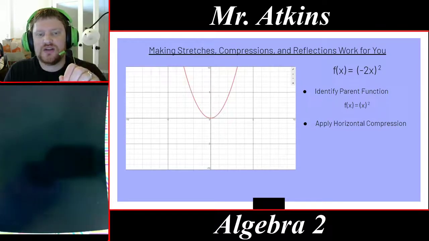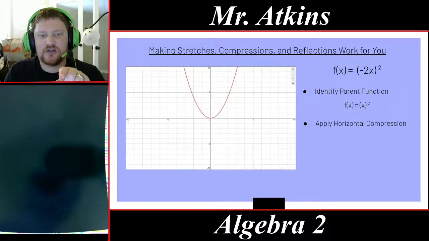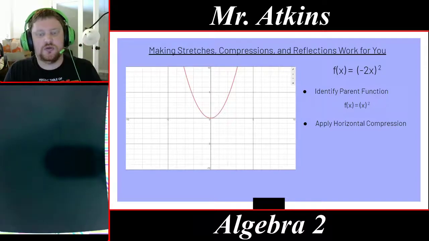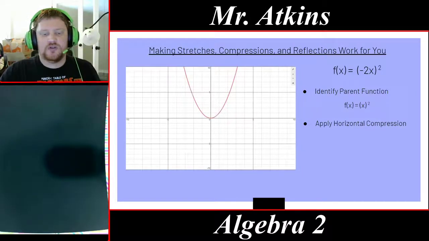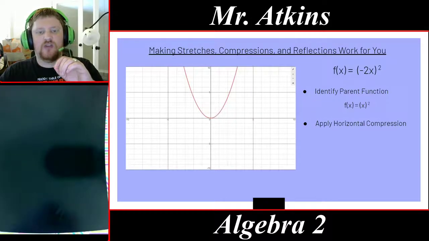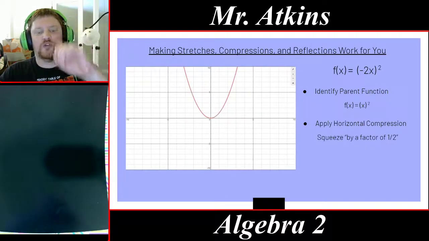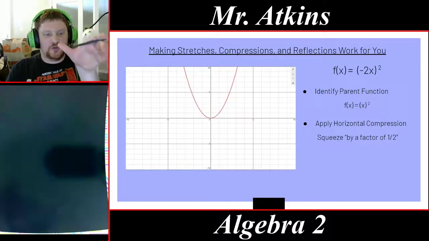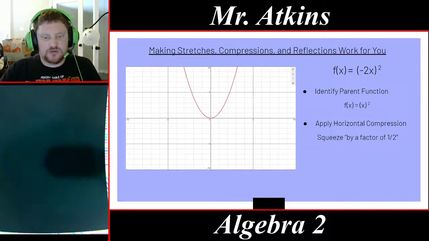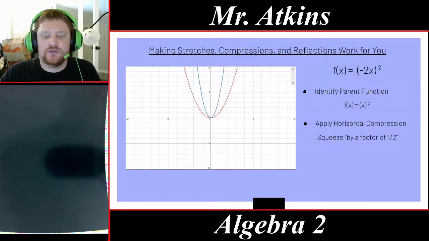You're not just going to take the number when you look at the factor. So in this case, our number is 2. You're going to take 1 over the number. So since the number is 2, the factor is 1 over 2, or 1/2. And again, this is a compression, so we're kind of just squeezing it closed. Graph is going to look like this blue one.